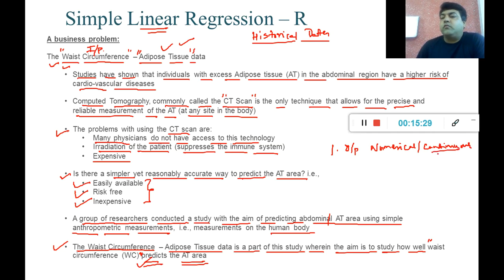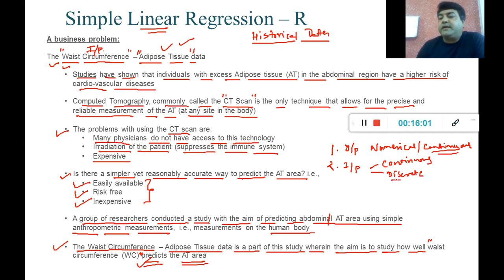Okay, so what do you mean by continuous variable or continuous data type? For that, please go back to my initial videos where I have created the complete basic statistics videos, right? So in that we have explained all these details. And secondly, I can have an input variable either continuous or discrete.